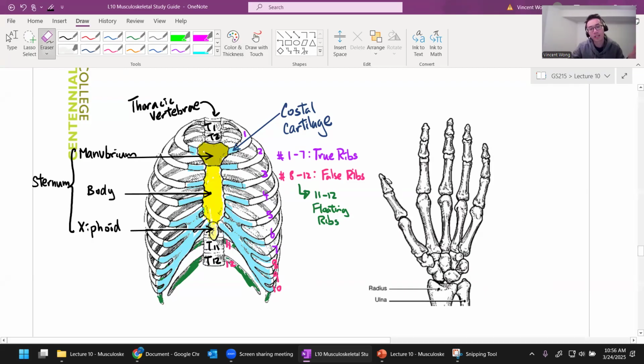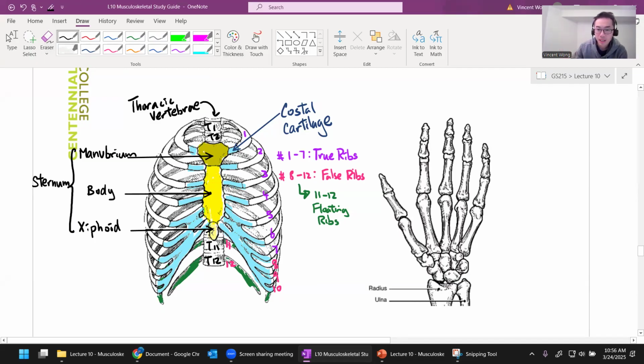I hope you can tell this is the thumb. But the key giveaway is the radius over here. You see, the radius is on the side, right? So if this is on the side, it couldn't have been the left hand. This has to be the right hand, and you're looking at it from the back.